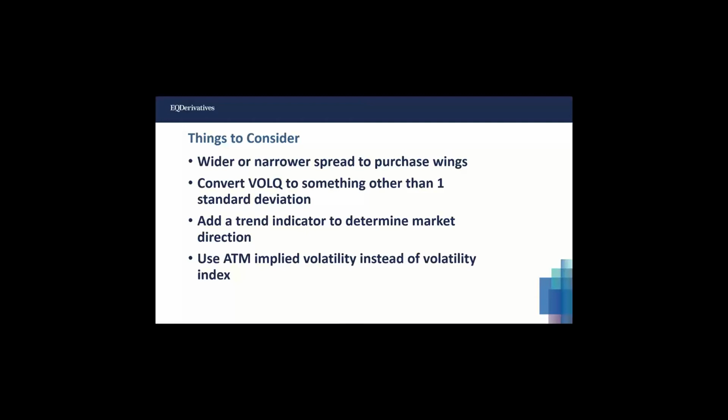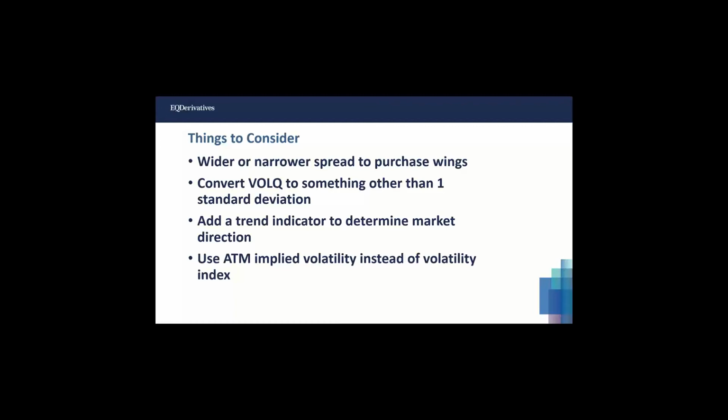Then you could add a trend detector to determine market direction. I've done this sort of trading before with SPX options, and I found that shifting the short strikes around, or even avoiding one side of the iron condor based on if we were in an uptrend or a downtrend, seemed to help. I did do a little work with this system, and a trend indicator did not help with respect to this system.